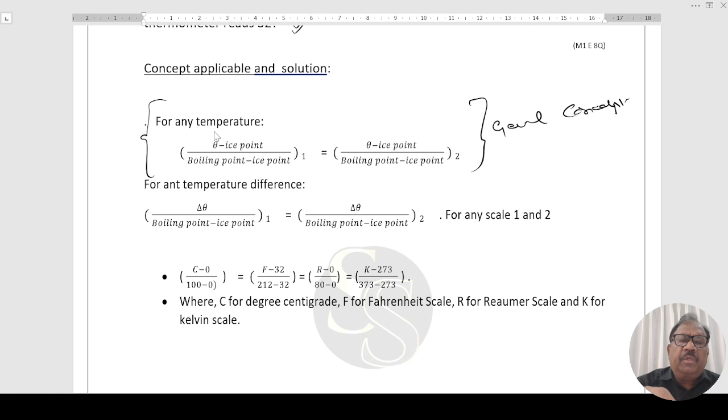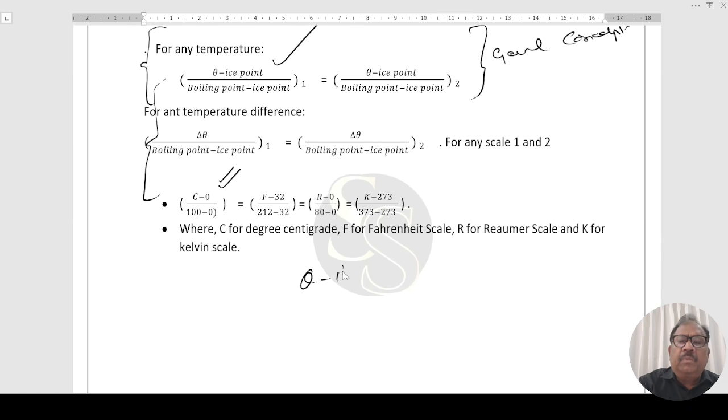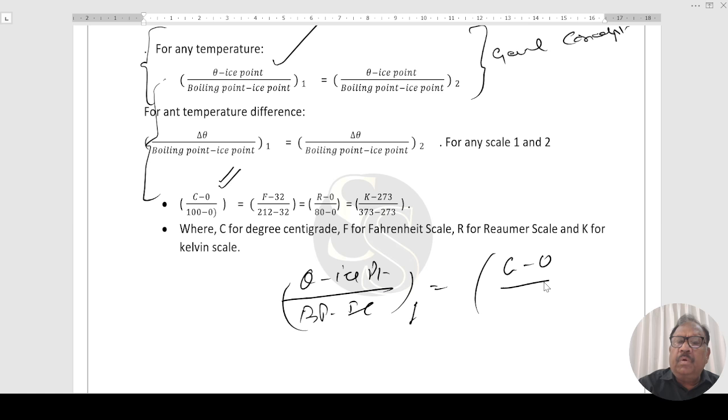Any temperature minus ice point divided by boiling point minus ice point of one scale is equal to temperature minus ice point upon boiling point minus ice point of scale 2. In the given question, one scale is not a standard one, and the other is degree centigrade. So we will equate these two: theta minus ice point upon boiling point minus ice point of scale 1 equal to C minus 0 upon 100 minus 0 in degree centigrade.